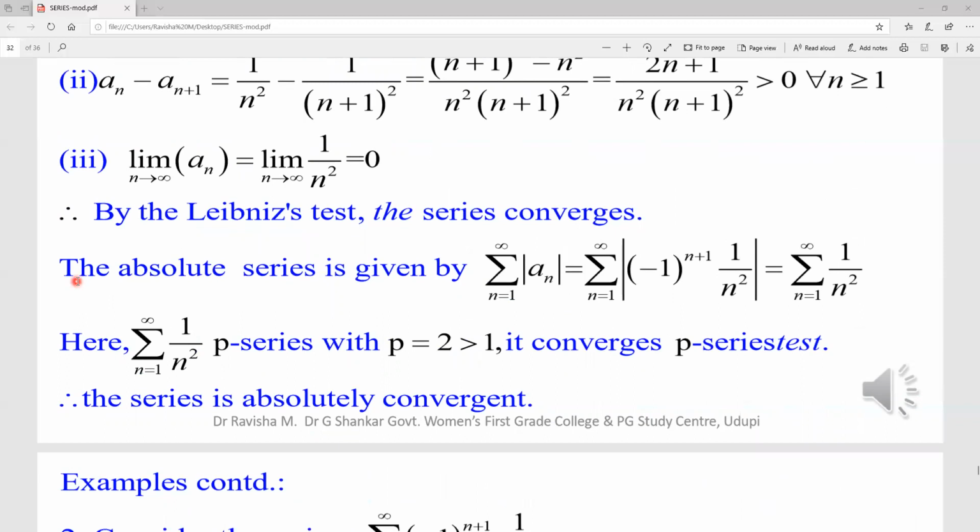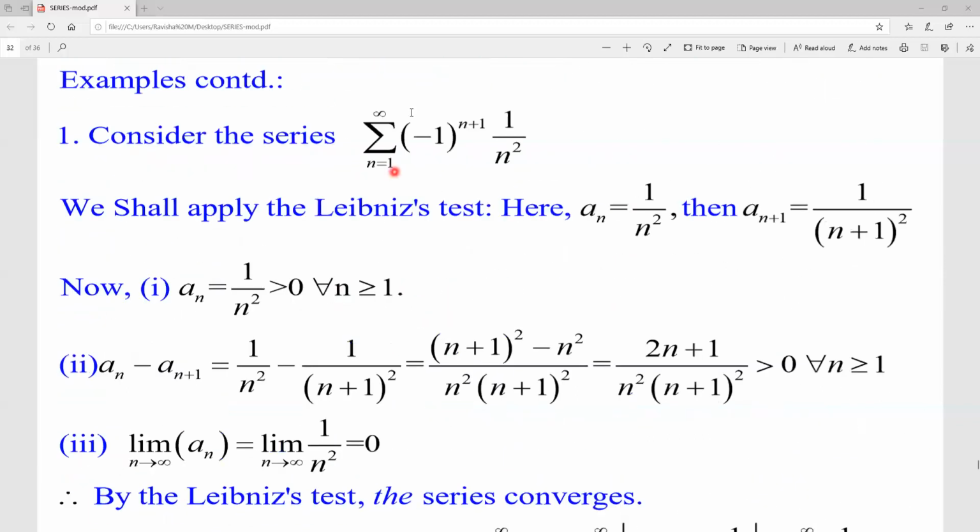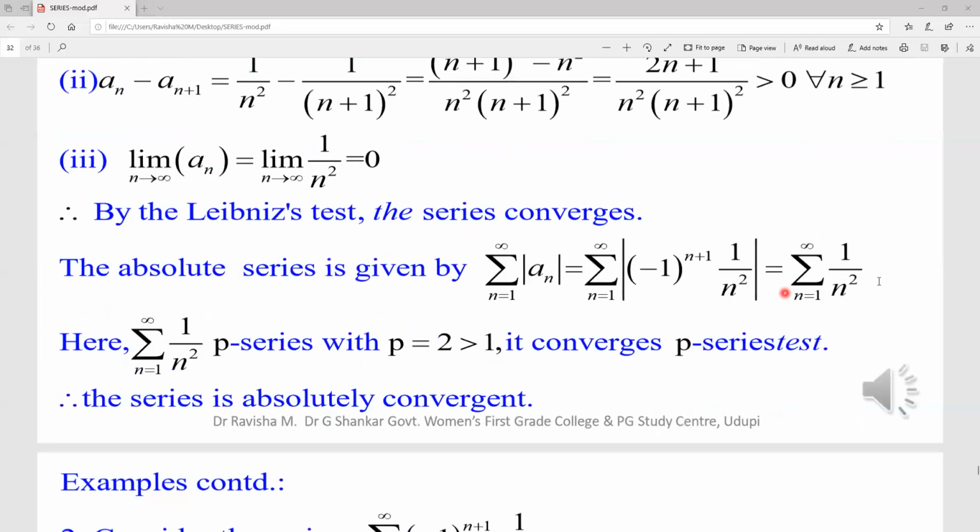Let us take the absolute series. Here we take the modulus of this series, so the modulus of minus 1 to the power of n also becomes plus, and this becomes a positive series. Moreover, it is of the form of a p series, and p is equal to 2, which is greater than 1.